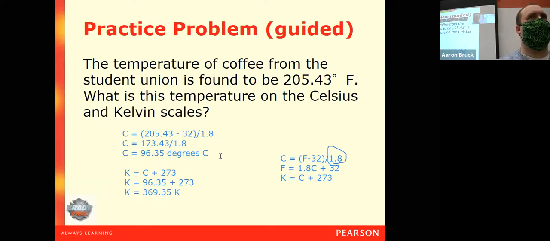There's no degree symbol on it. Any questions about this practice problem?